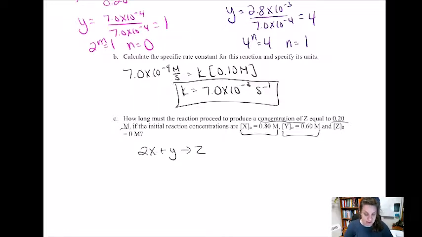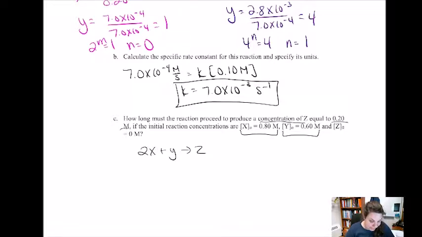So this is a time thing. Just bringing a little bit of extra thing in here. It's a little integrated rate law, a little bit of half-life.